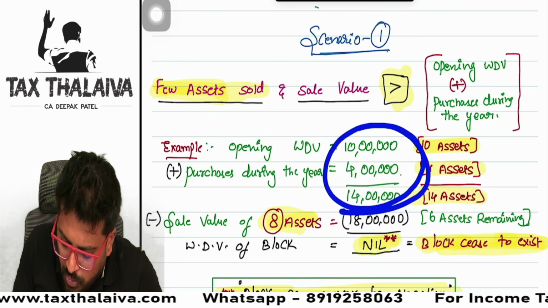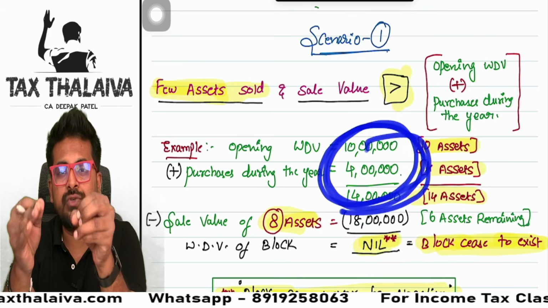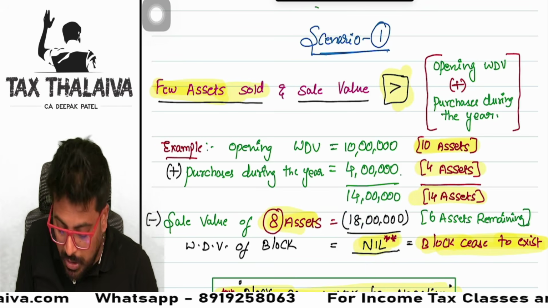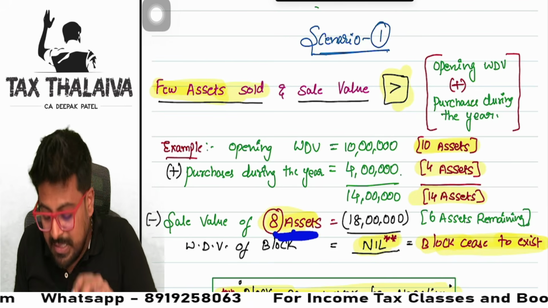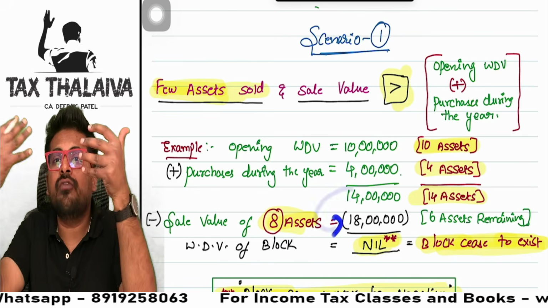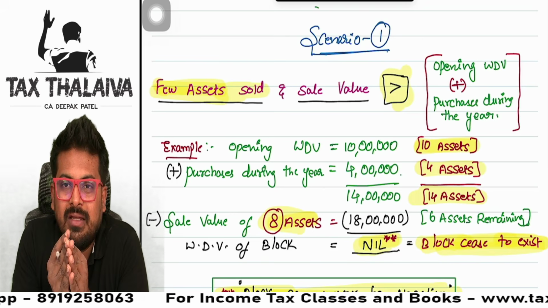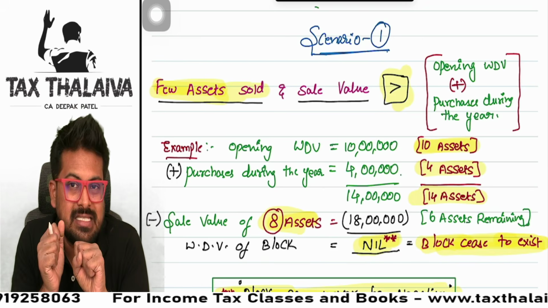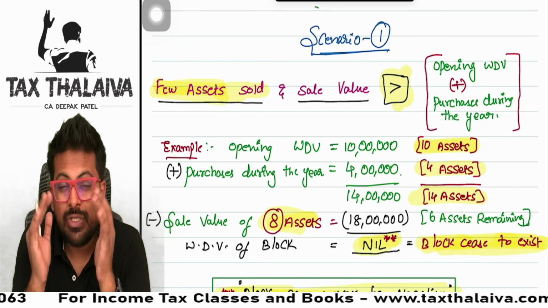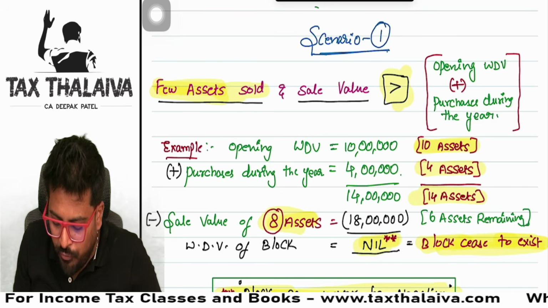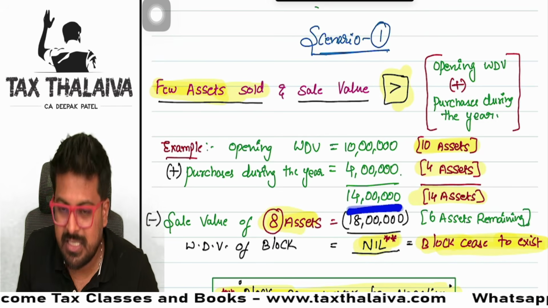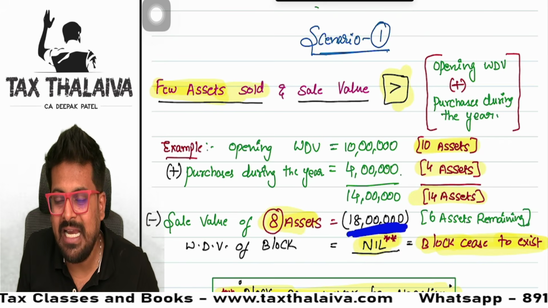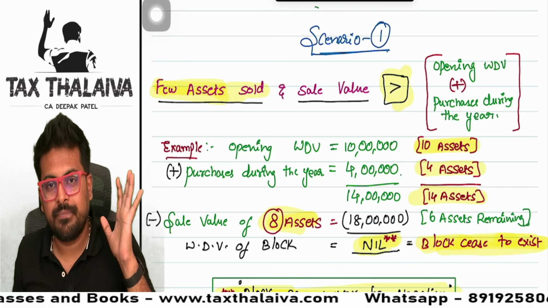All the 14 assets put together, the value is 14 lakhs. But you sold only 8 assets at a value higher than the value of the block. Then the block cannot exist. Just think logically, 14 lakhs worth of assets you sold for 18 lakhs already.